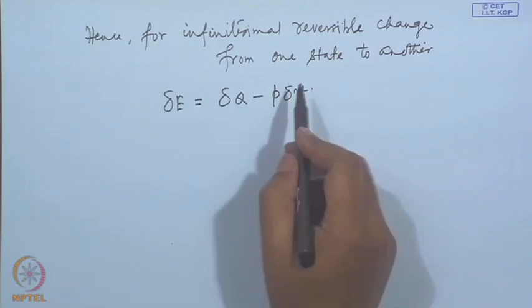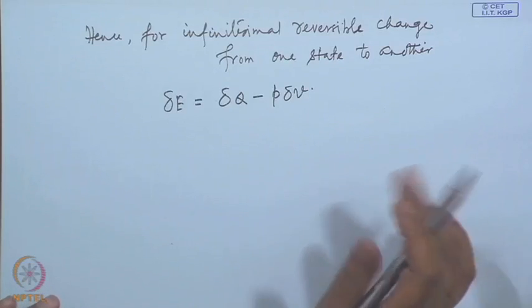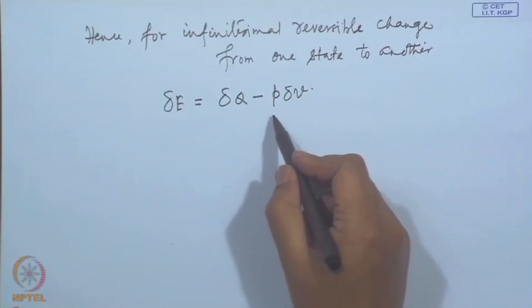Now, again, see that the particular path by which the initial and final states are joined is relevant.